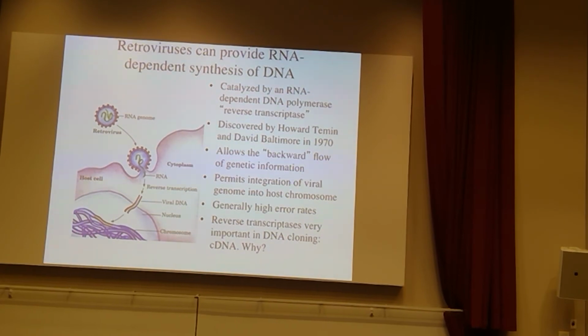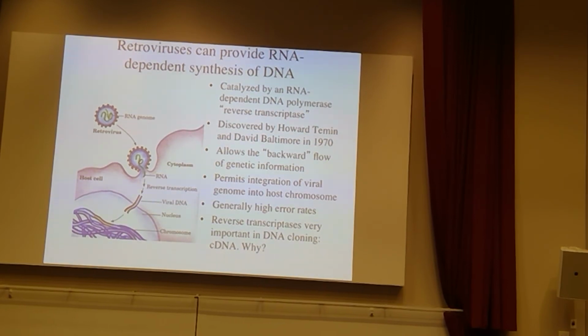Reverse transcriptases are important targets in antiviral pharmacology. And reverse transcriptases are also really important in molecular biology techniques and in DNA cloning, because very often what we want to do is make a cDNA, a copy DNA, in which we subject messenger RNA to reverse transcriptase, generate a DNA product, and use that as a component in cloning.